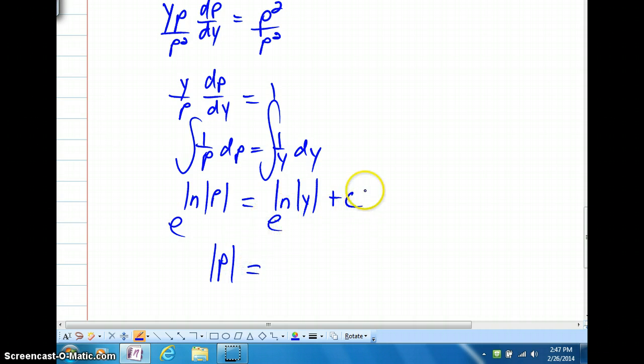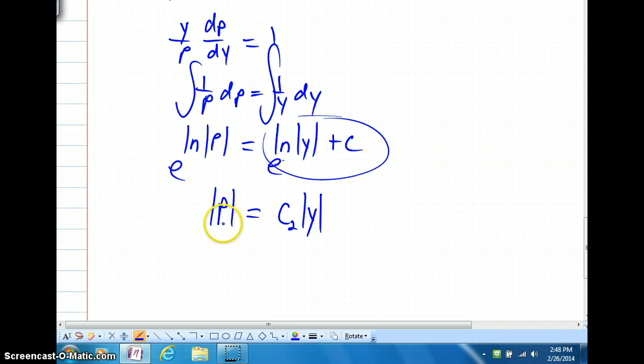The right-hand side, you get the absolute value of y, but remember, e to the c is just another constant. You could call it c2 if you'd like. And solving for p, it's either plus or minus with all of these. You could just say that the plus or minuses are absorbed into the constant, because constants could be positive or negative. So things are looking just fine.